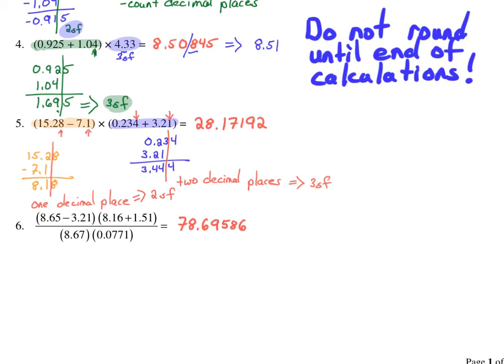Going back to our problem, we see that there's one result where 2 sig figs are justified. The second result, 3 sig figs. So for multiplication and division, you count sig figs. Our final result can only justify 2 sig figs.